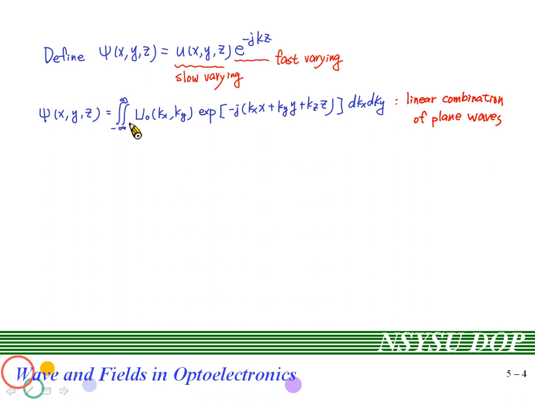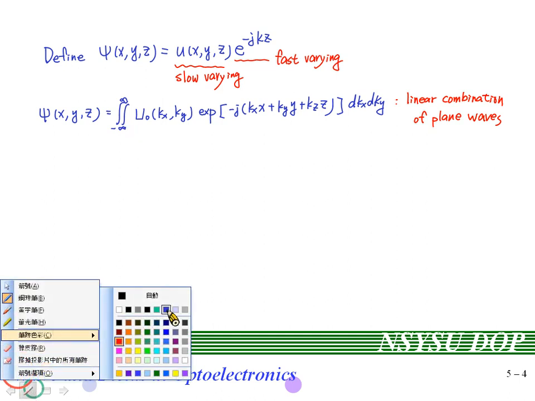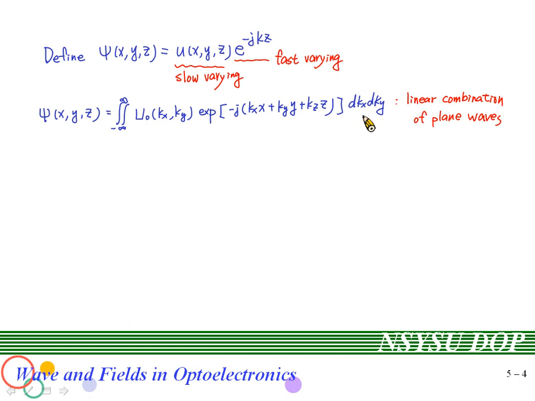You may wonder that you have used kx and ky as parameters to form the integral. Why don't we have kz here? Why don't we have dkz here? As I have said, kx, ky and kz are the three components of k. They have the relationship that kx squared plus ky squared plus kz squared is k squared.